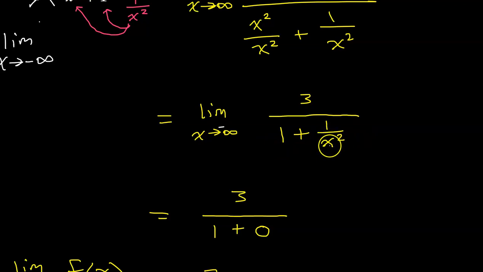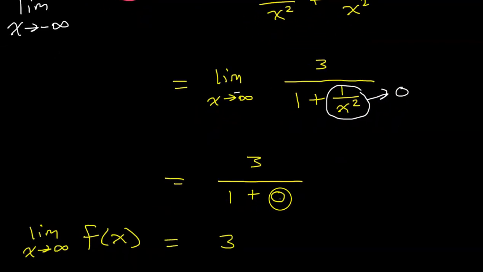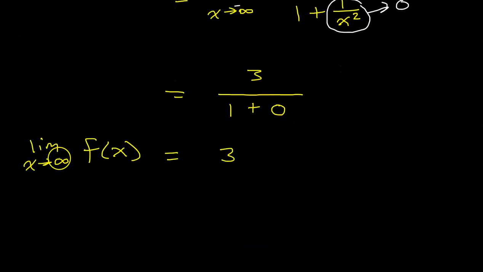So as x approaches negative infinity, x squared, a large negative number, once you square it, it's going to be positive anyway. But regardless, even if it was negative, this would still be approaching 0. So nothing changes. So we can see that the limit as x approaches positive or negative infinity is going to be 3.